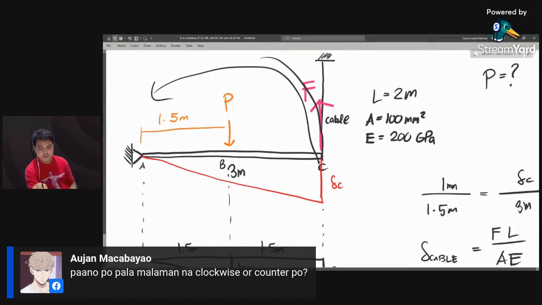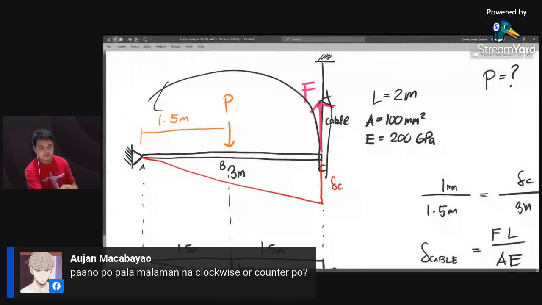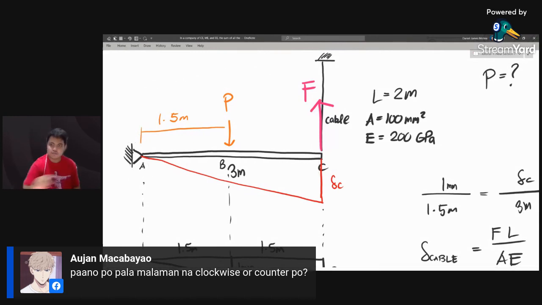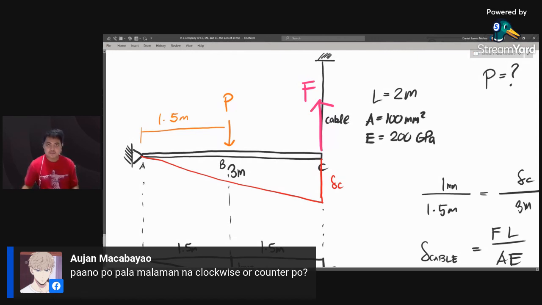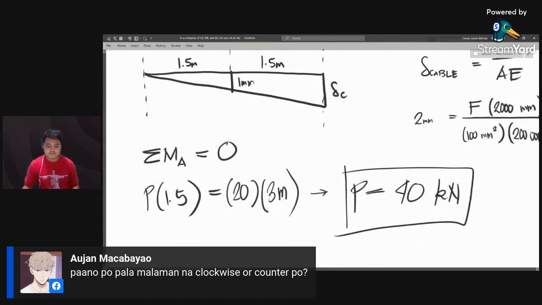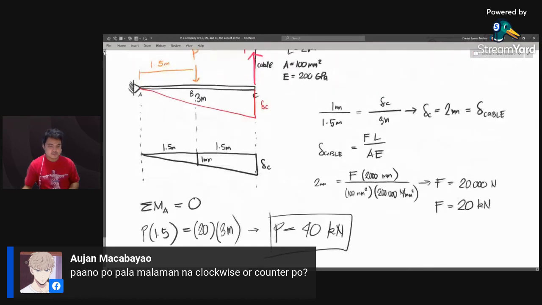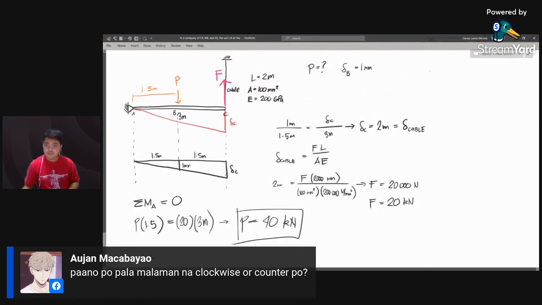So, pag hinila niya pataas, the beam will rotate about point A counterclockwise. Doon natin makukuha kung clockwise or counterclockwise yung ating rotation. Okay? Ganun.